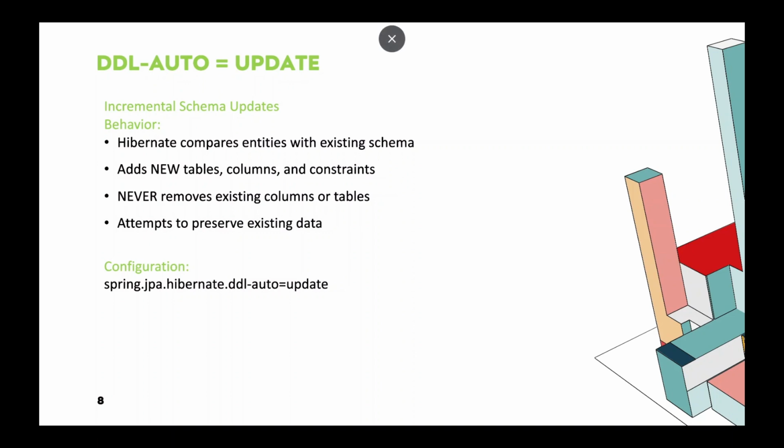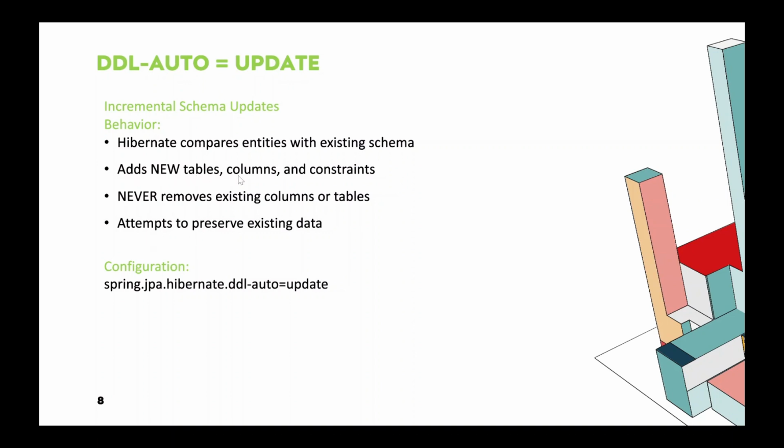If the database table has first name and the entity has a spelling mistake in first name, again Spring is going to create a new column. So we should be very careful. Always check that the table and columns match. If not, it creates a table, column, anything. So we need to be careful with that.